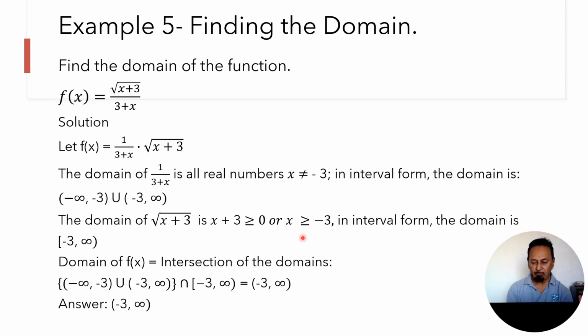In interval form, we can write this as square bracket minus 3 to infinity. Now the domain of the function will be the intersection of these two domains: minus infinity to minus 3 union minus 3 to infinity, intersection square bracket minus 3 comma infinity.